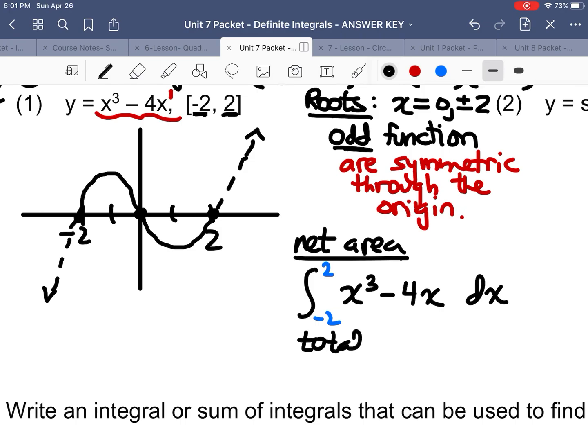You could have the calculator spit out the answer, that's fine. The total area. There are, off the top of my head, probably 2 or 3 different ways you could do it. But here we're only really concerned with setting up the integral because, again, you just pop it in your calculator to get the result. All right?